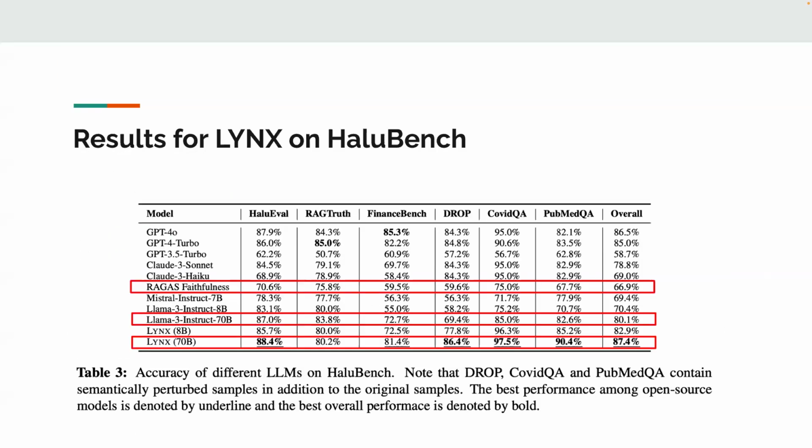These are the results for the Lynx model on HaluBench. You can see that it outperforms Llama, it outperforms GPT, it outperforms basically all the models. This thing that I've highlighted, Ragas faithfulness, is a previous framework that was being used for hallucination evaluation, which was totally based off of an LLM.